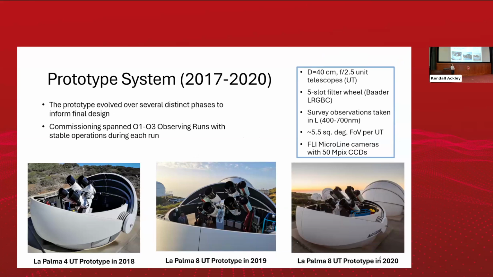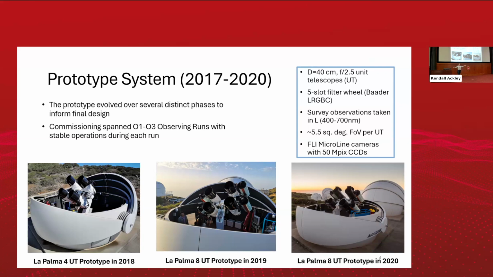I just wanted to preface this by saying that we went through multiple staged designs. We built this facility in response to LIGO and the gravitational waves and how the field has grown. We built the instrument over several staged prototypes from 2018 all the way to 2020. Just to highlight a couple of things, we have 5-slot filter wheels and wide coverage bands, 400 to 700 nanometers.